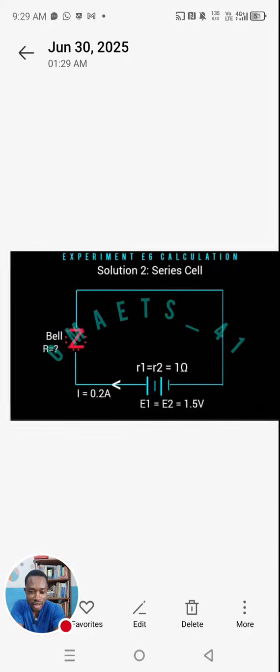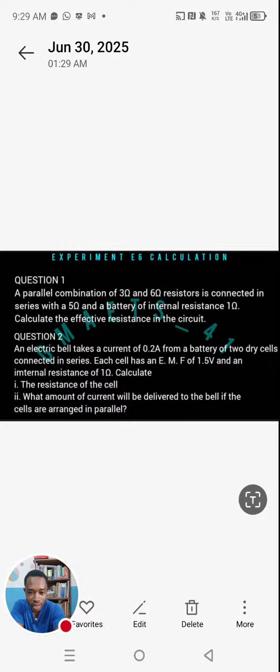All right, let us move on to what they ask us to get further. What amount of current will be delivered to the bell if the cells are arranged in parallel? Remember, when the cells were arranged in series, the bell was taking a current of 0.2 ampere.